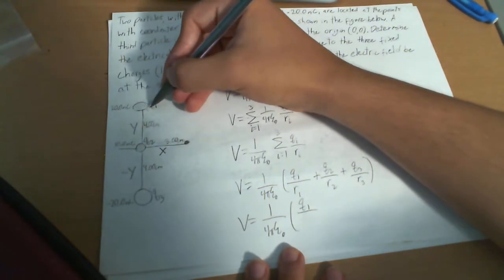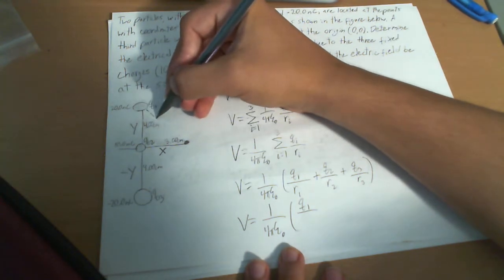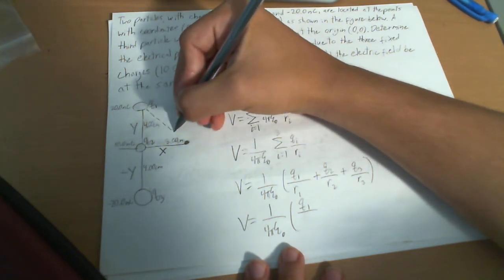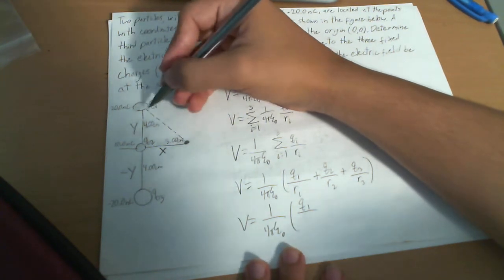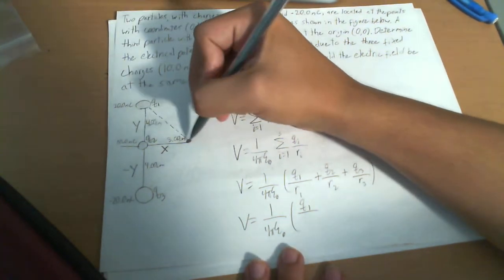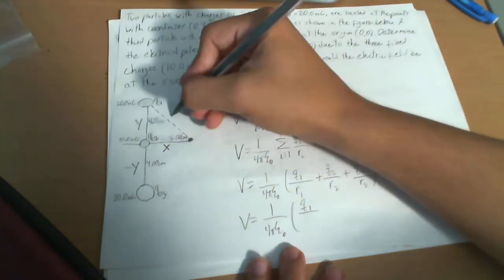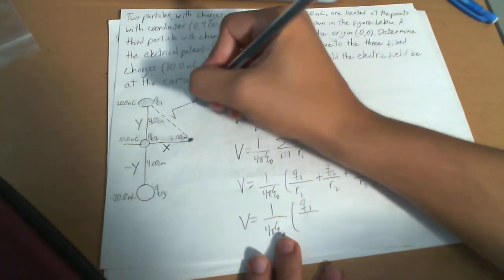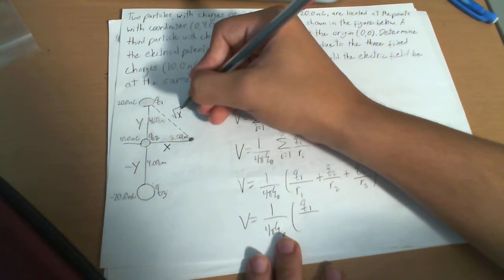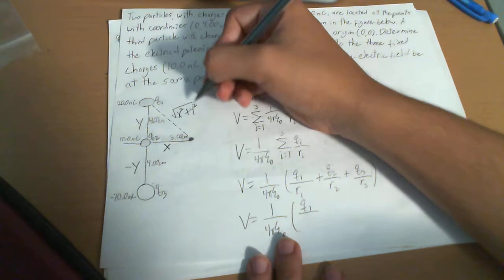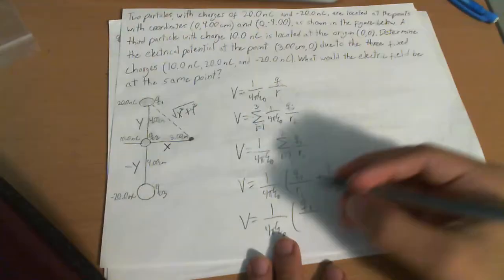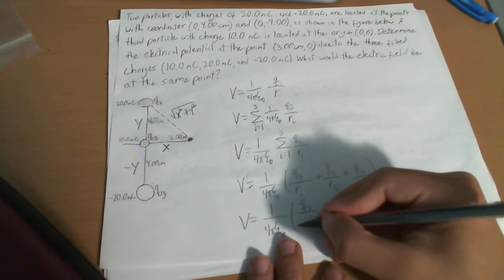So that's going to be this distance right here. Let's draw a dotted line for that. And notice it forms the hypotenuse of a right triangle. So the distance here will be, using the Pythagorean theorem, the square root of x squared plus y squared. And so let's plug that in for R1.